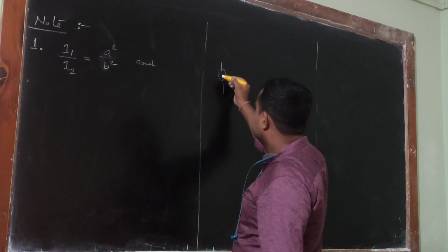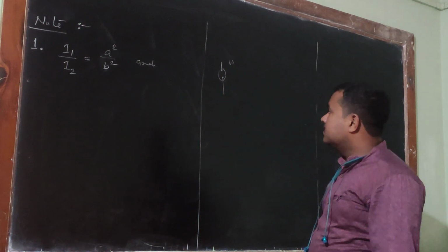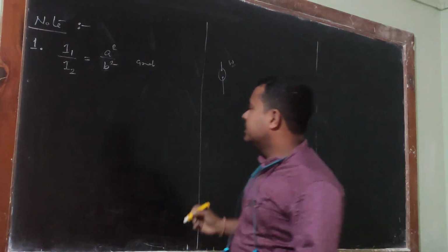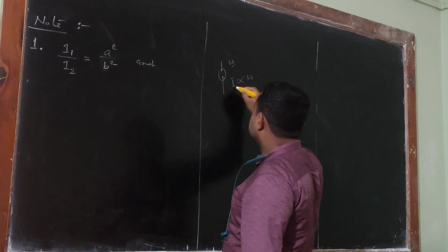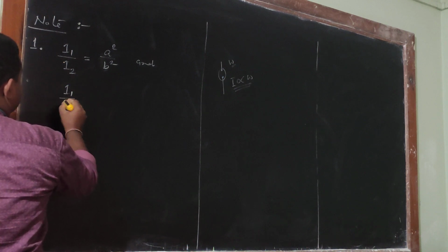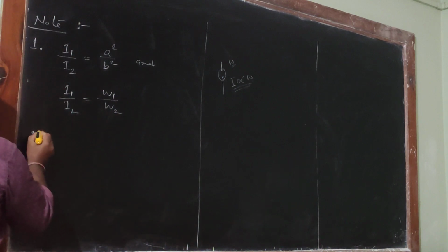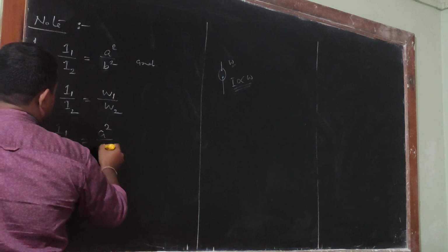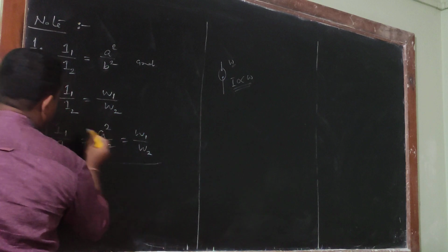Suppose a slit, its width is W. So the light that passes through the slit is proportional to what? Width. If width is more, more light can pass through. So you can say that intensity of light is also proportional to what? Slit width. W is the slit width. So you can write I1 by I2 is equal to W1 by W2. So therefore you can write I1 by I2 equal to A square by B square equal to W1 by W2. This is one of the important formulas you will remember.